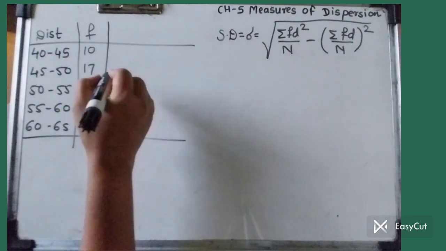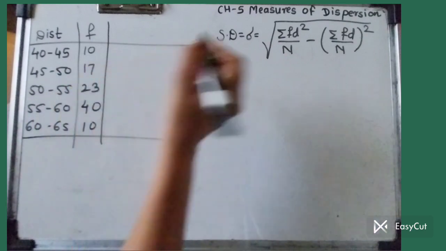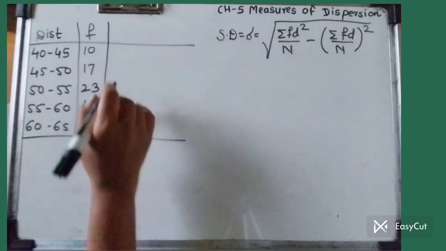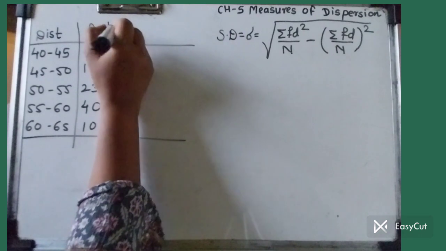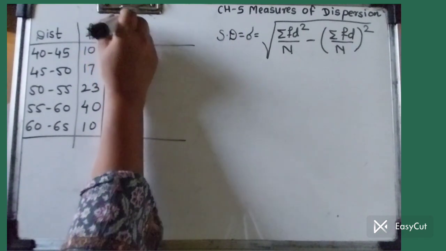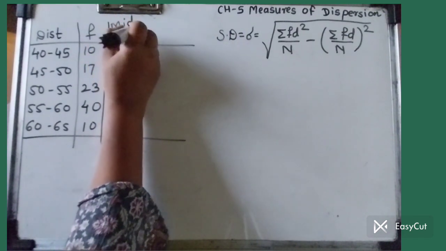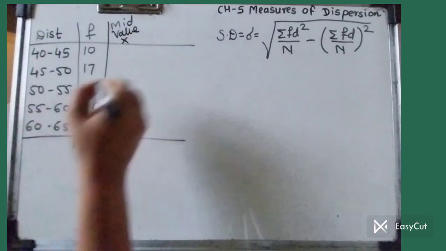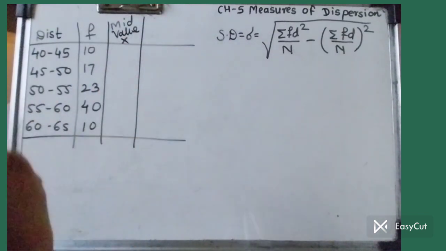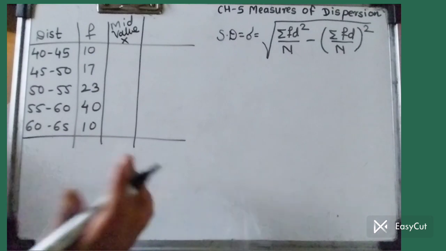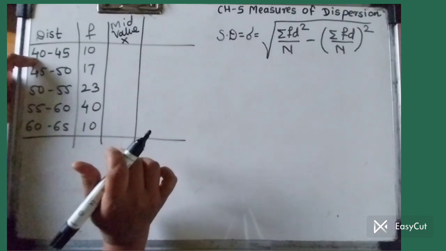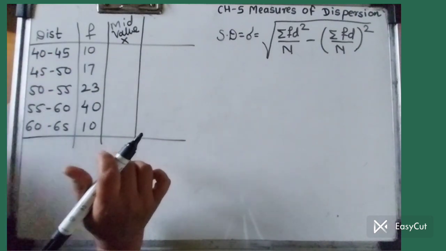For the deviation, we require to find the x mid values. Yes, these mid values are denoted by x. How to find the mid value? We already know this: 40 plus 45 divided by 2.